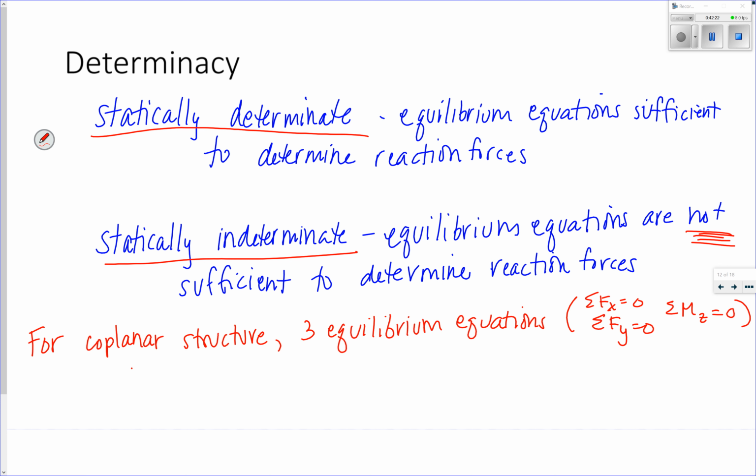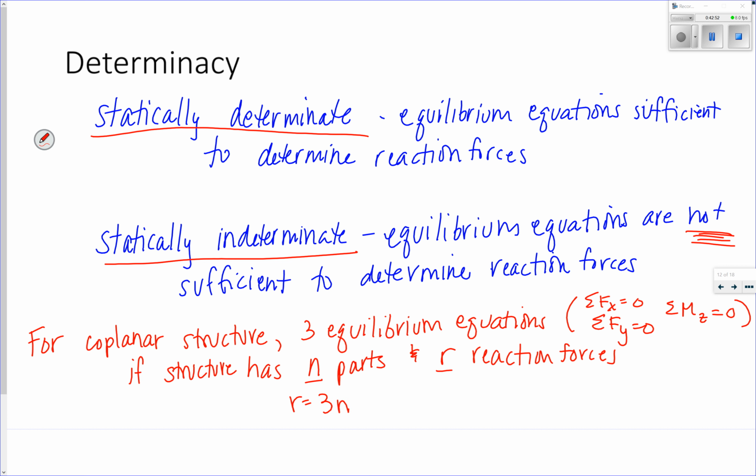If a structure has n parts, and R number of reaction forces, if R is equal to 3 times n, that's my 3 equilibrium equations.